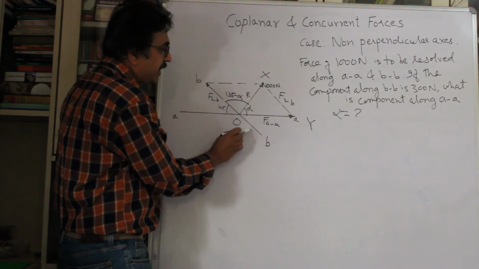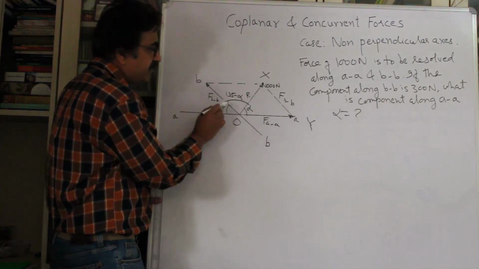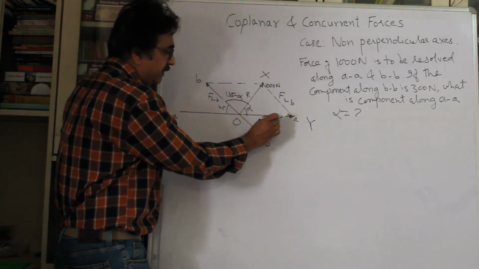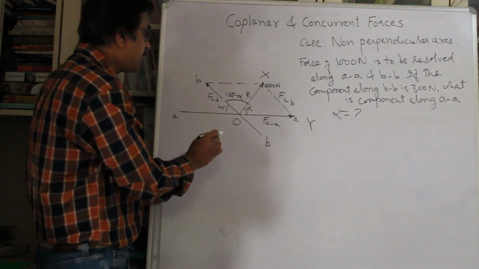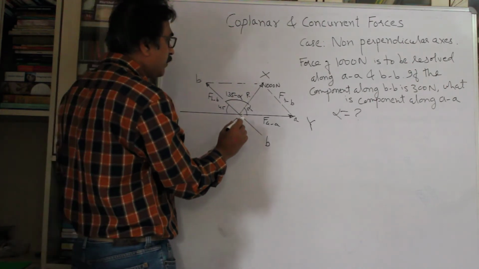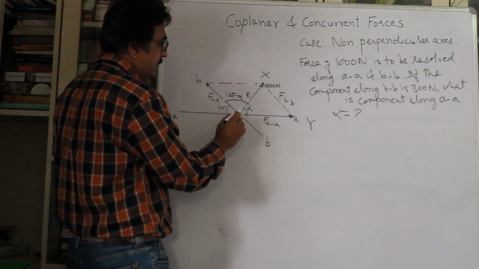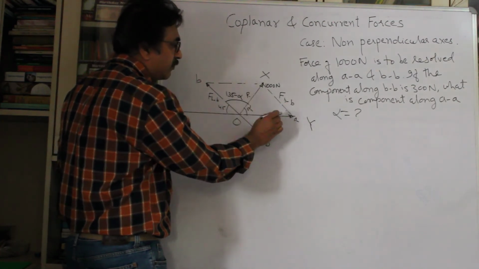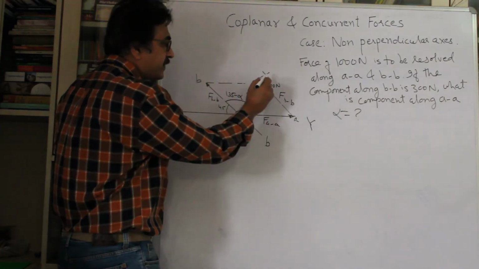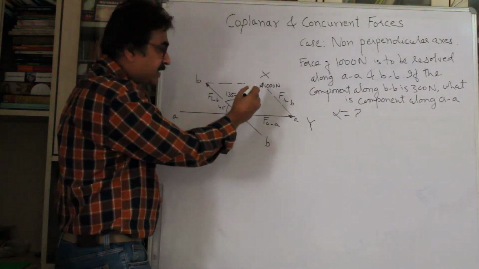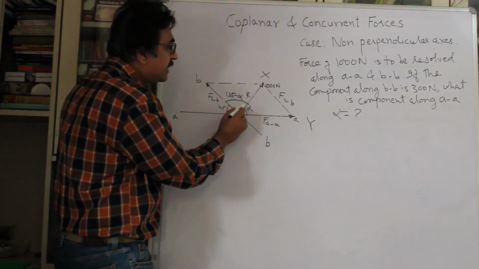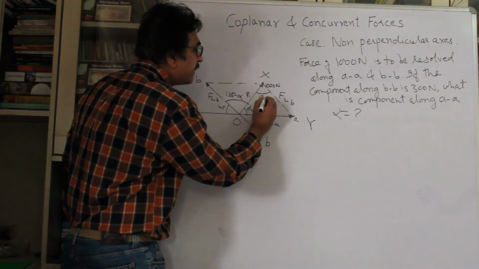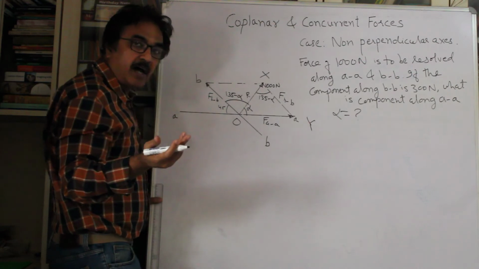This is one parallel line, and this is one line, and this is another line. So these are the two parallel lines. This is the transverse. R can be considered as transverse. So if this is 135 minus alpha, this will also be 135 minus alpha. I hope you agree with this.